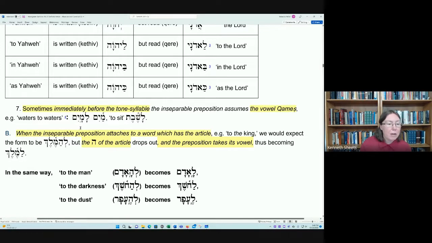It is there on the mem. And so as a result, the inseparable preposition will adopt that qamets in order to kind of ease into the accented syllable there. And then same thing as well here with the infinitive to sit, la shevet. And again, under the influence of that accented syllable, we do have the pointing of the inseparable preposition with the qamets.